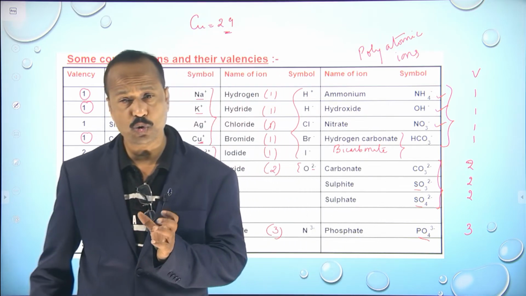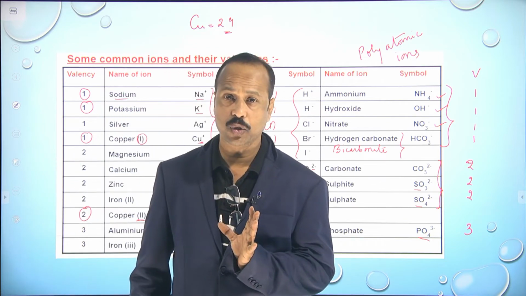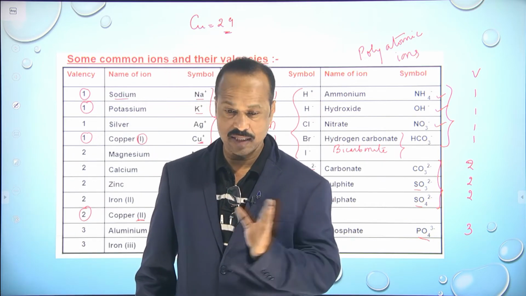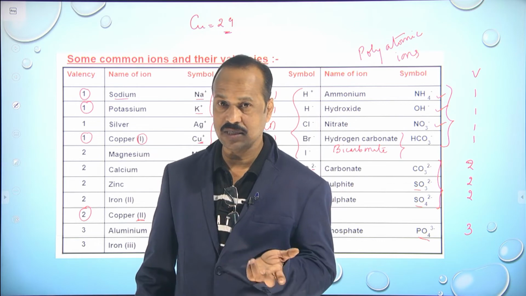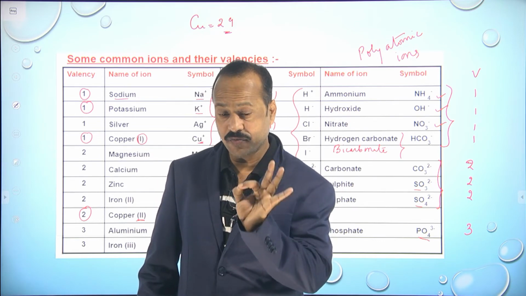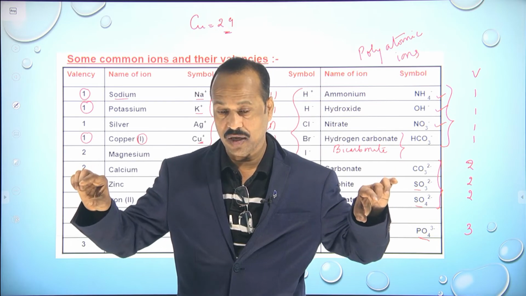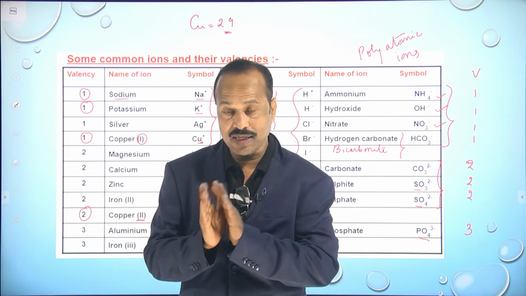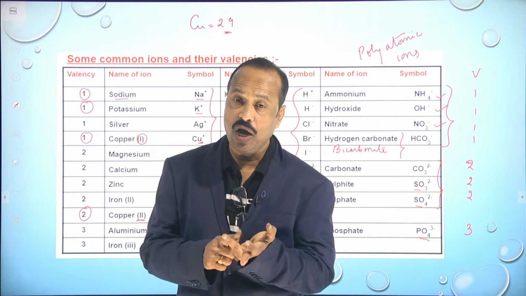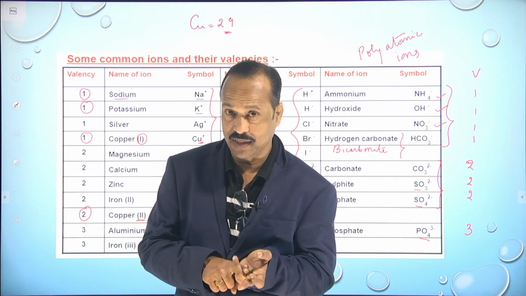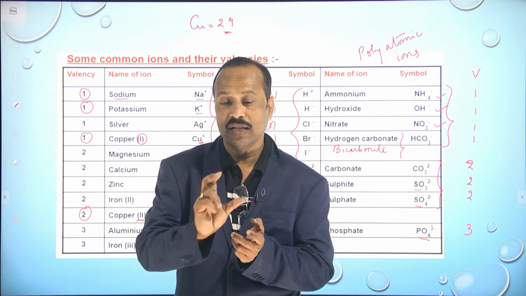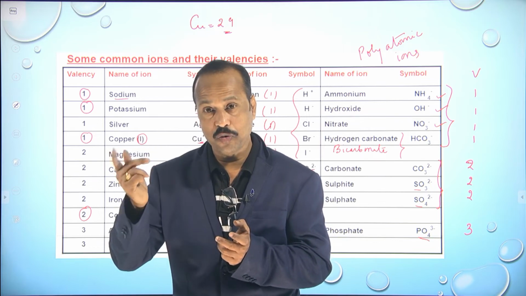In the 10th class, so many chemical reactions are there. If you observe the 10th class textbook, whether CBSE or SSC, nearly 150 chemical reactions are there. To write these chemical reactions, first you should know how to write the chemical formula of compounds, then you should know how to balance them.